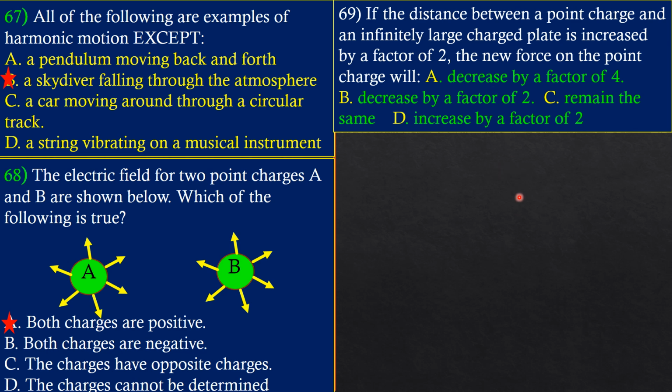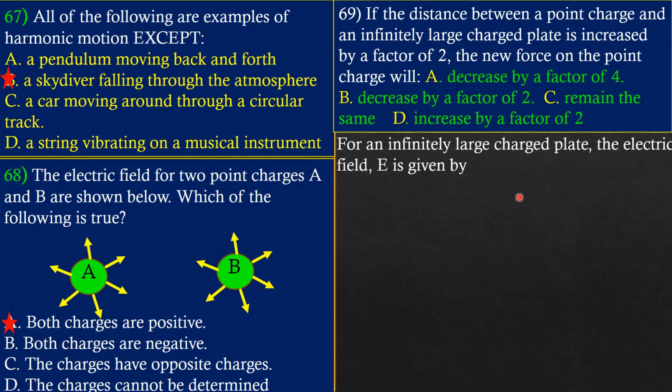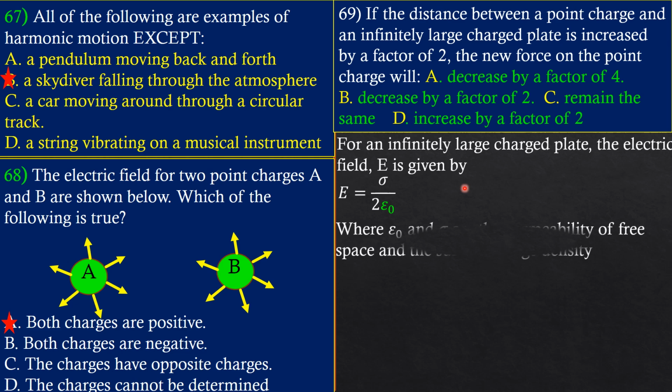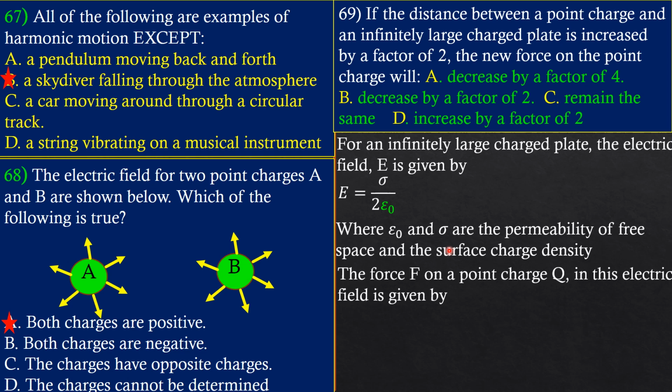Let's simply recall that for an infinitely large charged plate, the electric field E is given as E equal to sigma over 2 epsilon 0, where epsilon 0 and sigma are the permittivity of free space and the surface charge density. Great. We know that the force F on a point charge Q in this electric field can be given as F equal to QE, where E is the electric field created by this infinitely large plate.